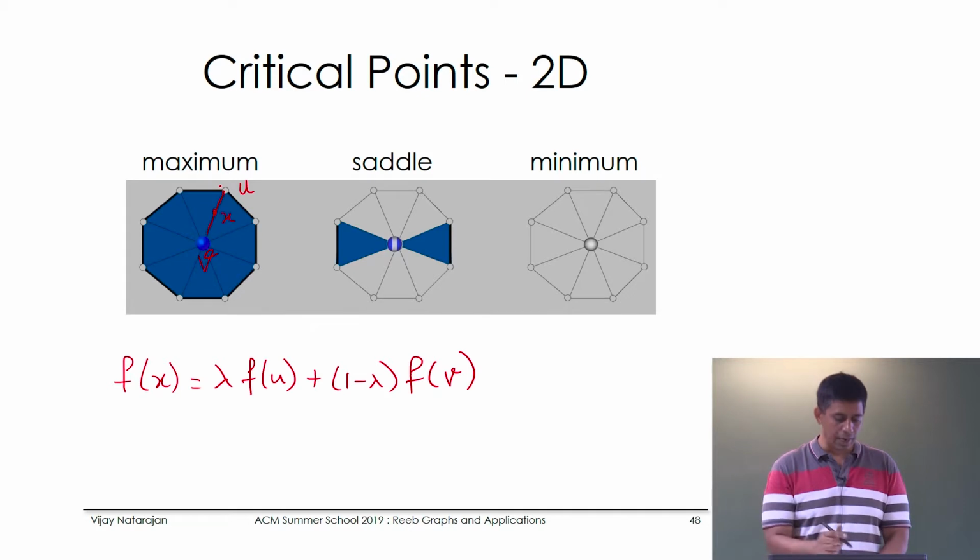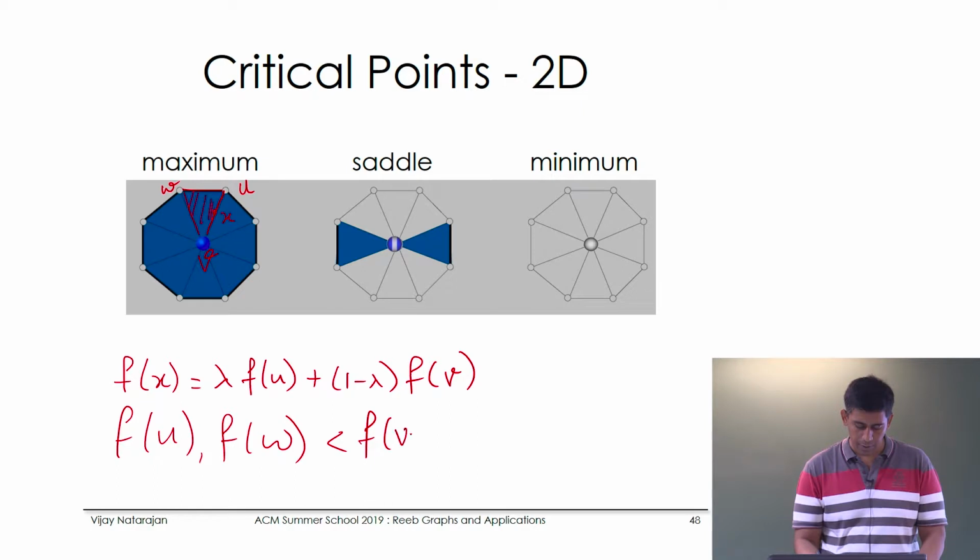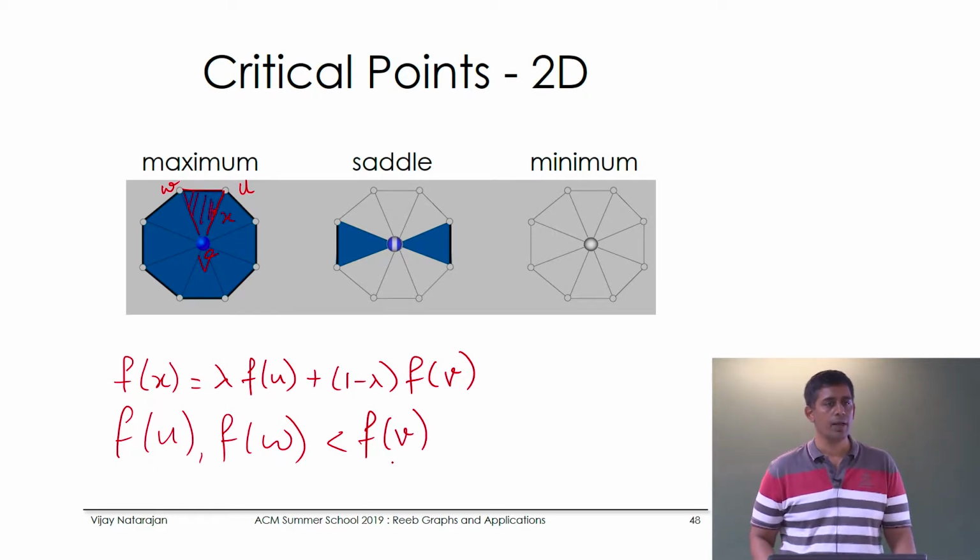So that also means that the triangle, all the points inside the triangle, if this is w, if w and u belong to the lower part of the star, right. So what does that mean? If f at u, f at w less than f of v, right. That's when they are part of the lower part of the star.